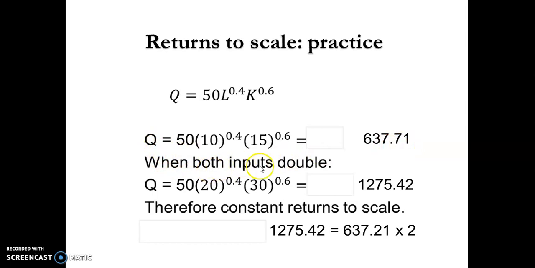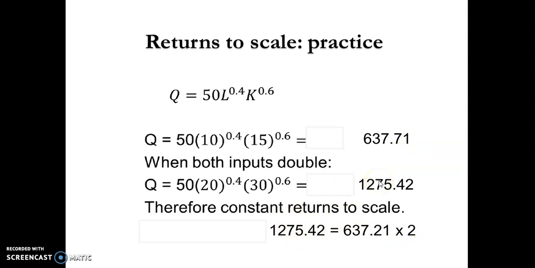Now, when you double your inputs, if you double both inputs and it doubles to 20 and 30 respectively for labor and capital, you can see that your new value for your output is 1275.42. And if you check, if you were to double this, 637 times 2, which is a doubling of that, it is in fact equal to that value over there.